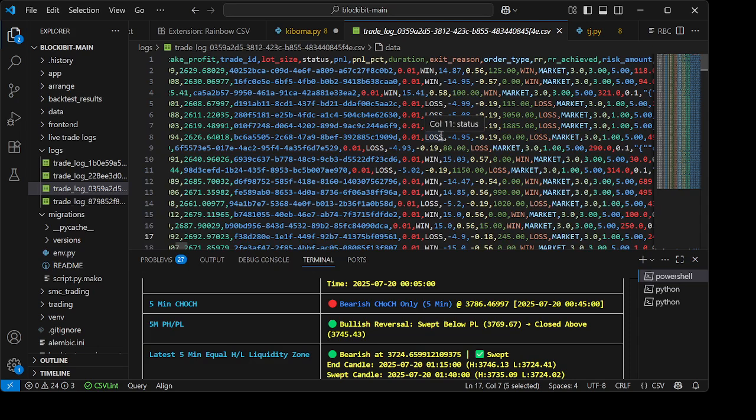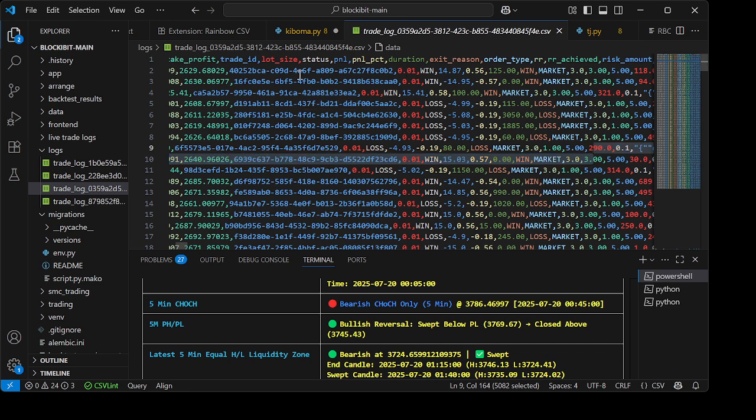I don't instant execute. I place trade limits. So yeah, you can see here it is market execution type. You can see loss, loss, win, win, win, win, win, win, win, win, win, win, loss, loss. So this is pretty amazing. It can tell you the PNL.